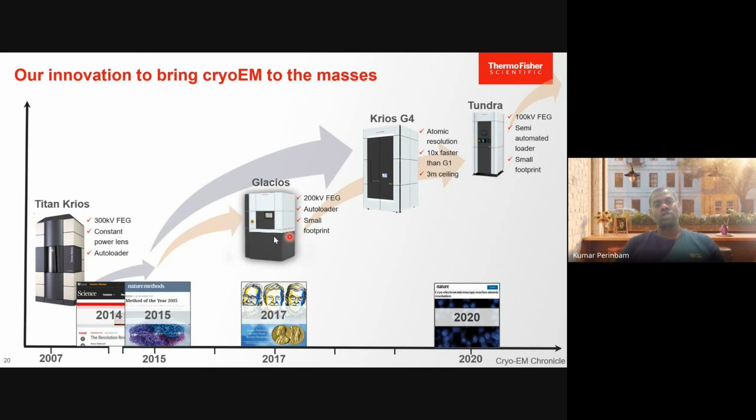And then once we developed the user friendliness in Glacios, we could also develop Krios G4, which was 10 times faster than the previous Titan Krios, and the size was quite smaller. Currently Thermo Fisher has Tundra and a Glacios 2 version, which has just been launched a couple of months back. So Tundra, Glacios and Krios are the three major tools that we offer to the life science community currently, so that they can do structure based studies for their research.